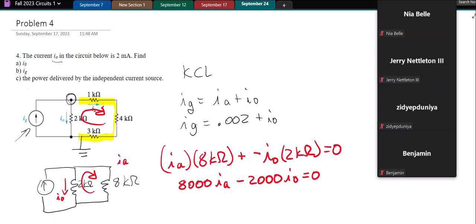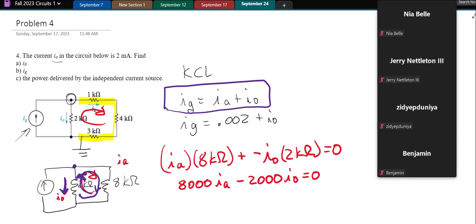Why is it negative? It's only negative in my KVL expression, and the reason is because I'm using the I0 as drawn, and I'm doing that because I already took into account that I0 is going down this loop when I wrote my KCL equation. The direction was important. Now in my KVL, when I'm going in the direction that my loop is going, I'm going in the opposite direction that I0 is drawn.